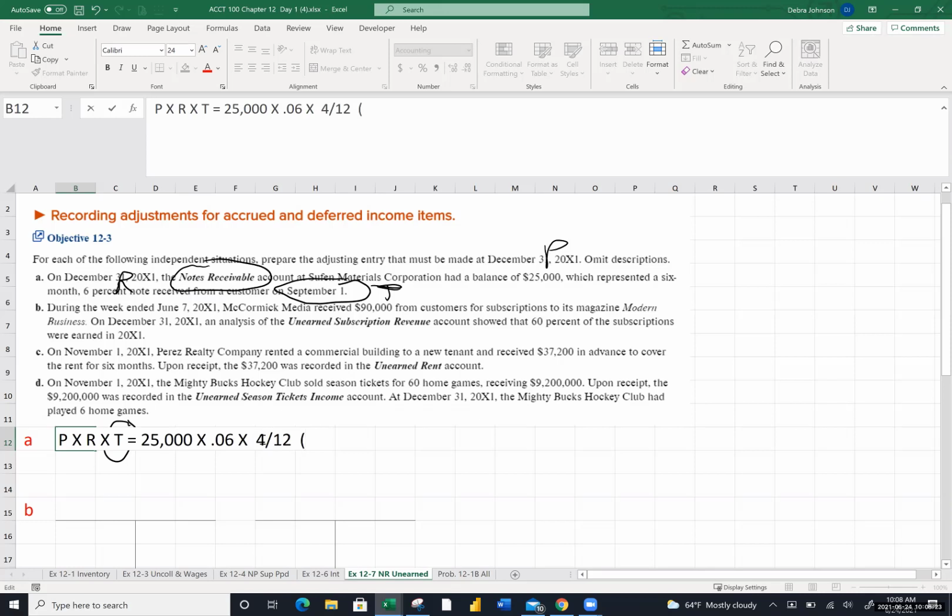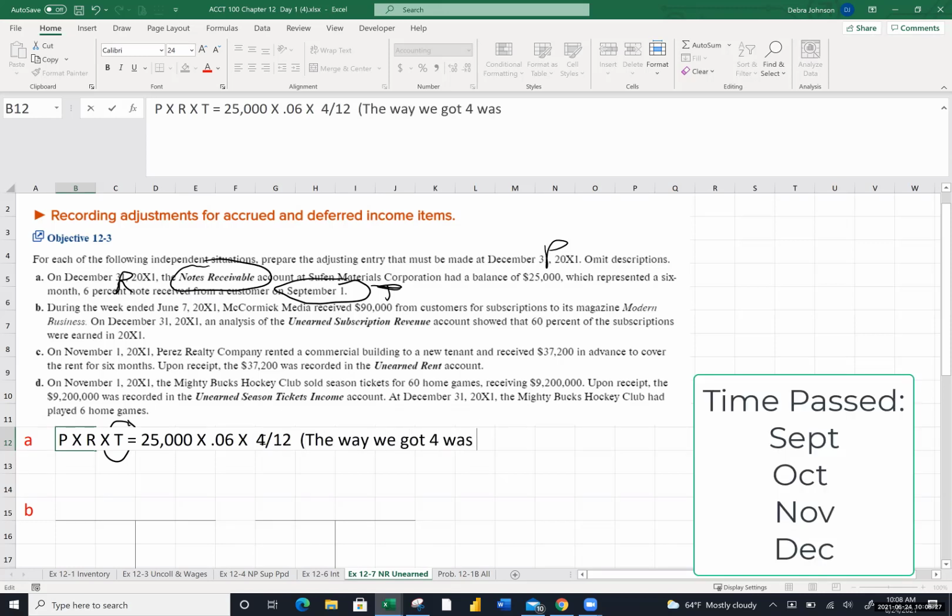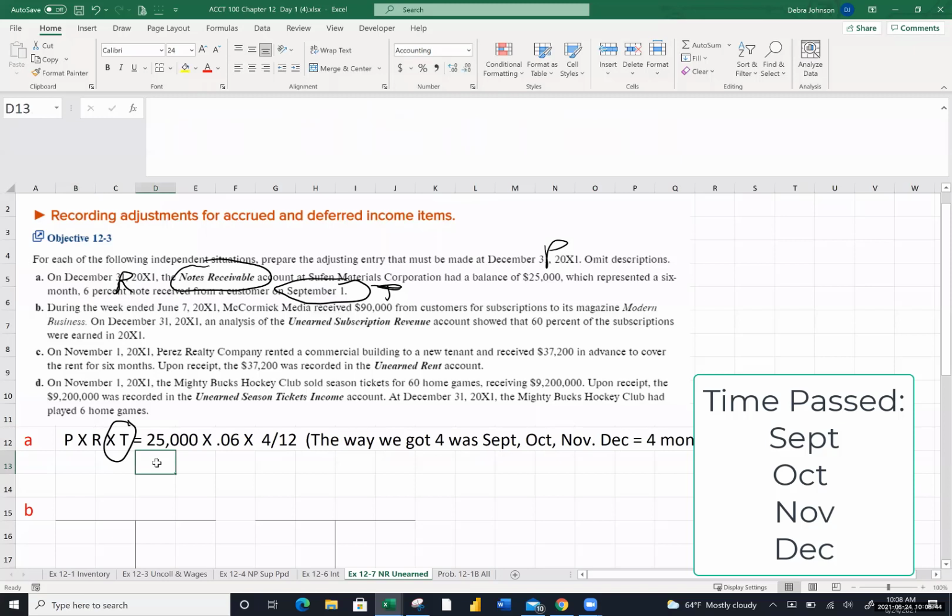And for your notes, the way we got 4 was 4 months have passed. September, October, November, December equals 4 months. Since this is an annual rate, it will always be over 12. Do it backwards on your calculator.